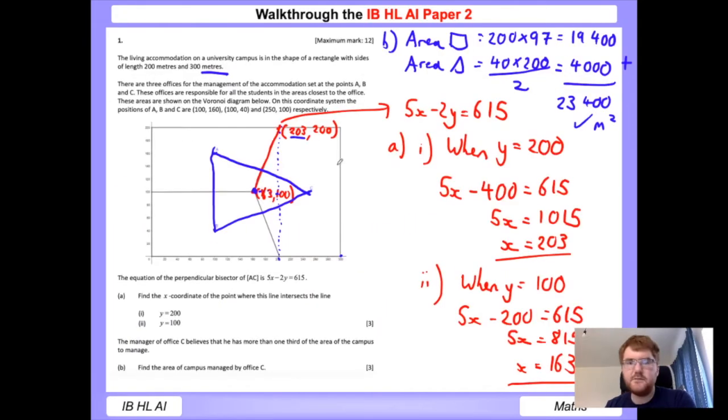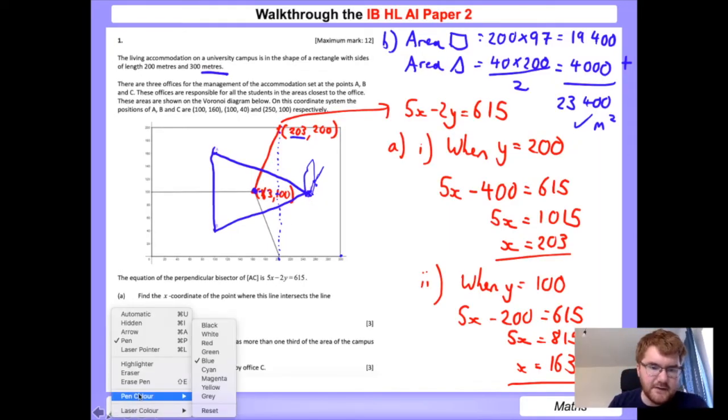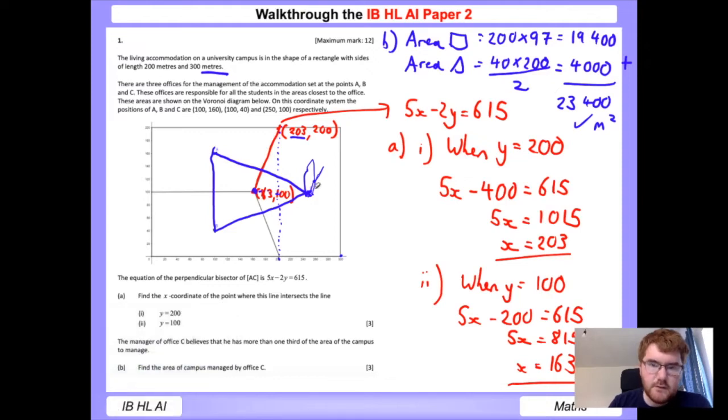Well, I think the easiest way of doing this, we already know that C is at 250. We're told that C is at 250 in the x direction. Let me just write in the coordinate because we were told this.